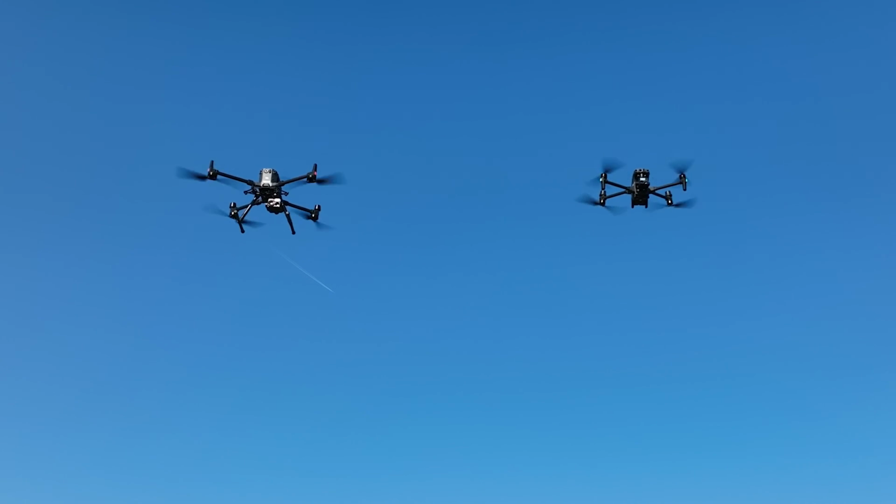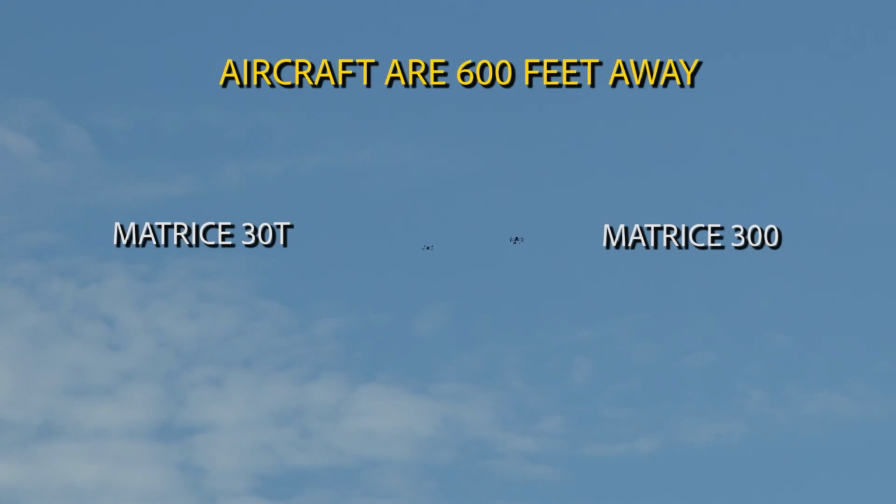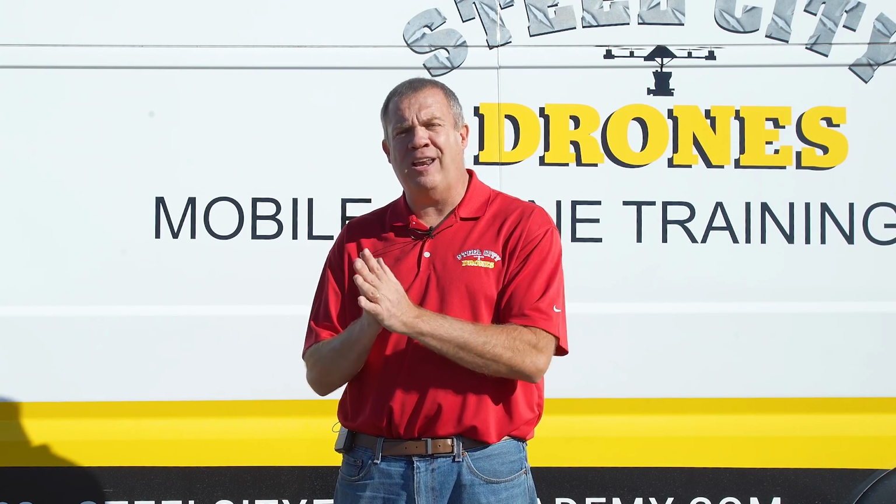A Mavic 3 can very easily start getting lost in the sky at as little as 300 to 400 feet, whereas the Matrice 30 can definitely be seen well over 1,000 feet, and the Matrice 300 can be seen well over 1,500 feet. So in case you have a lot of really long distance flights that you want to do, the larger size can be an advantage.